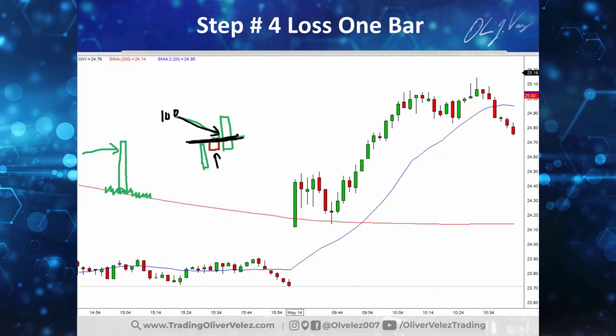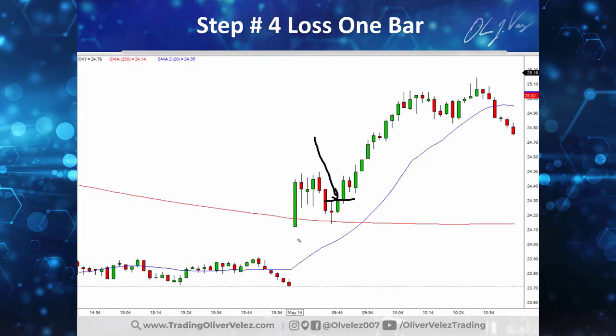Now, look at the color changes here. Take a look. Green takes away this red bar. Green takes away this red bar. And so there are 2 color change plays here.